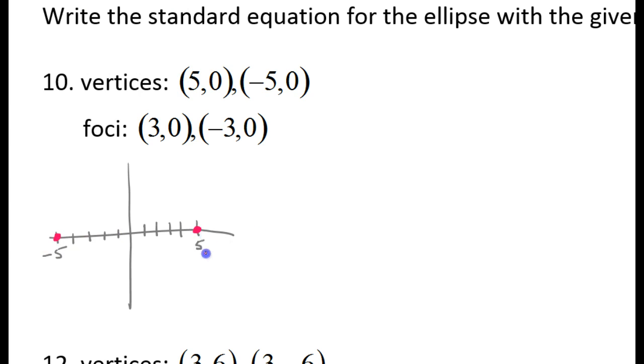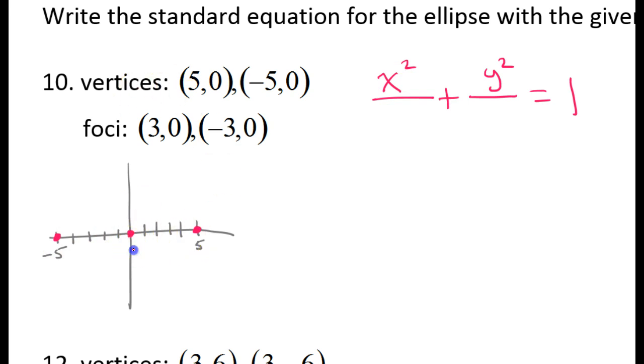Those are my vertices. Right away I can see that the center is 0, 0. So that immediately tells me that I have x squared and y squared in the numerator because of 0, 0. Now, this also tells me the a value.